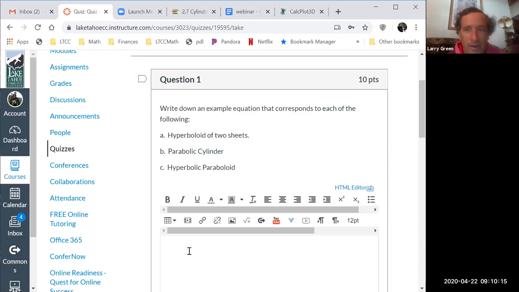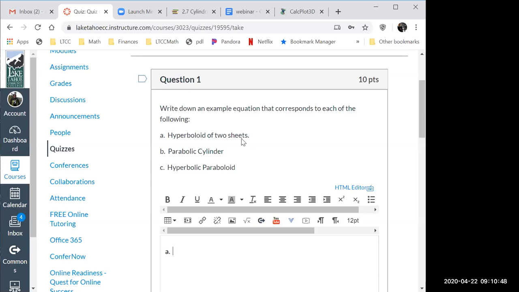So what I'm going to do now is talk about hyperboloid of two sheets, and we want an example equation, not the definition, but an example equation that corresponds to each of the following. Hyperboloid of two sheets. Let's do A first. If it's a hyperboloid of two sheets, what do you know about the signs of the coefficients?